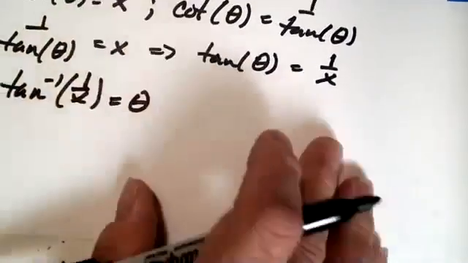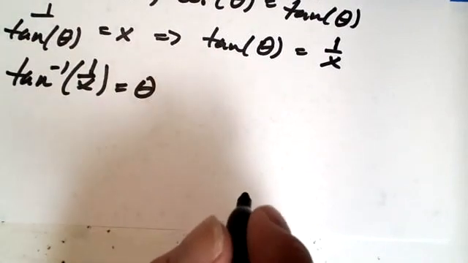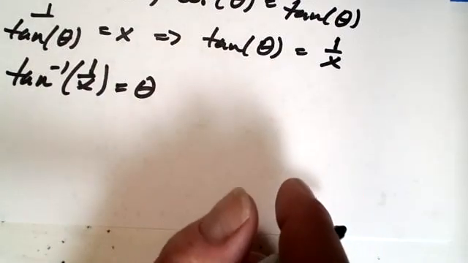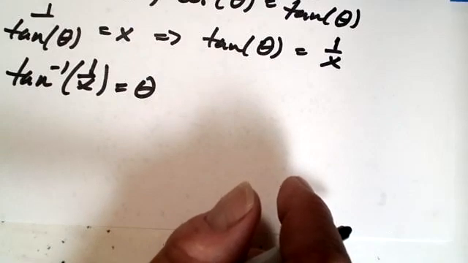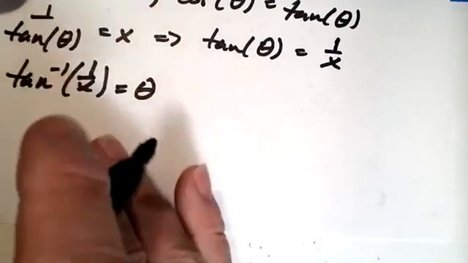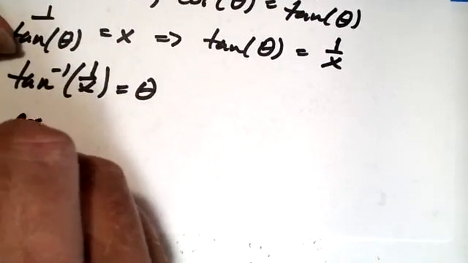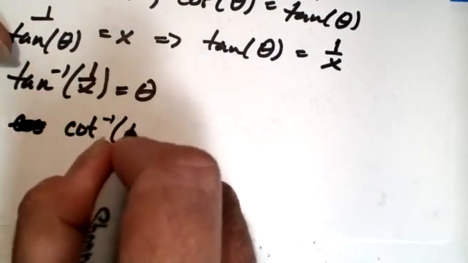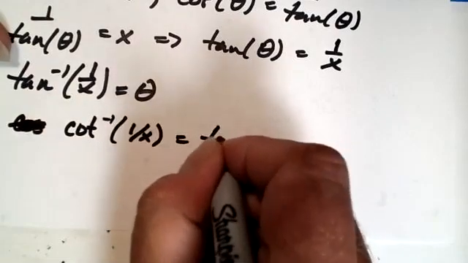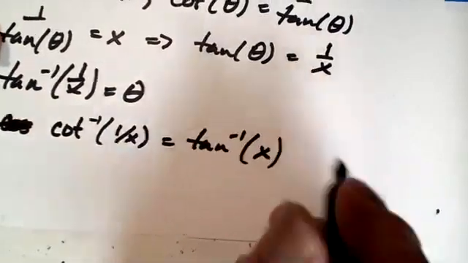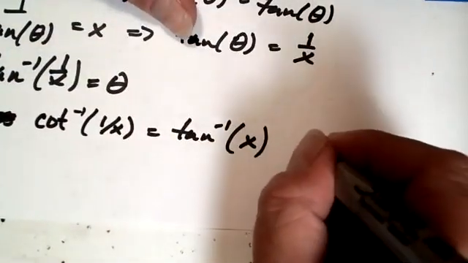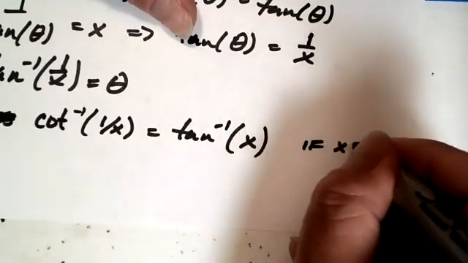So if you have an inverse trig reciprocal function, be it inverse secant, inverse cosecant, or inverse cotangent, I'm just going to summarize here. Inverse cotangent of x is equal to the inverse tangent of 1 over x. I have to be careful here because there are some range errors, so I'll have to say if x is greater than 0.